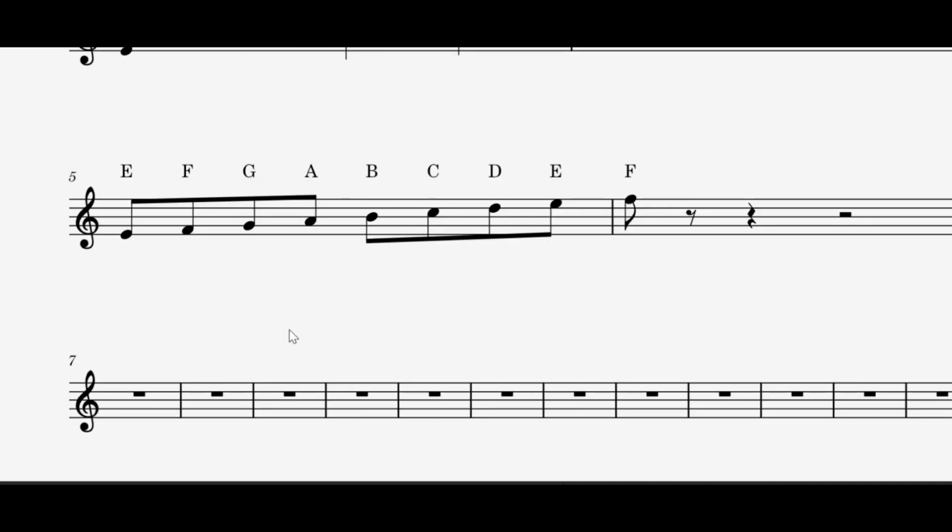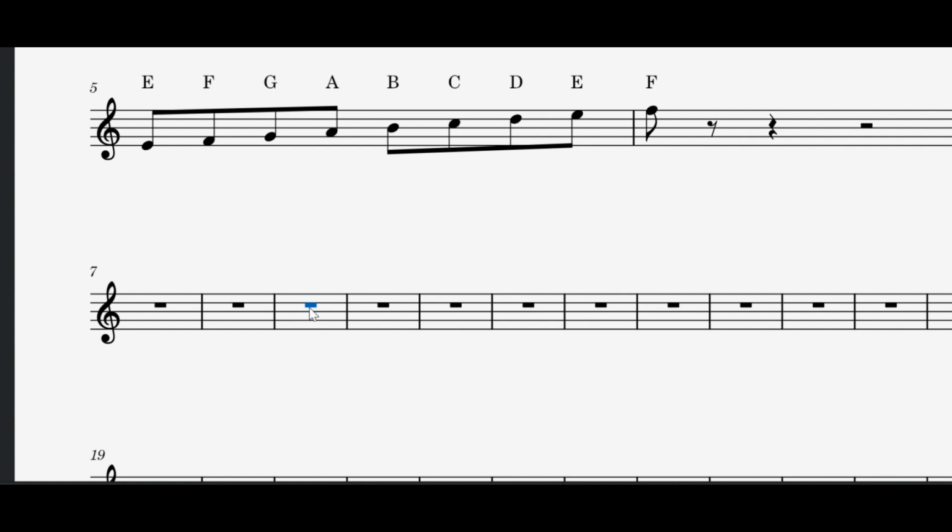I'm going to put an E right here. I'll use a whole note. E on the first line. But I want to show you that you can put pitches that are lower than E. The pattern is line note, space note.